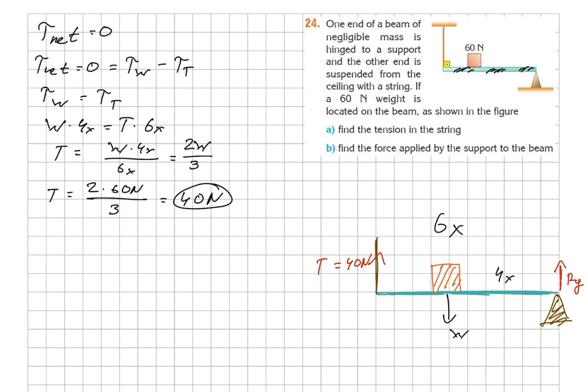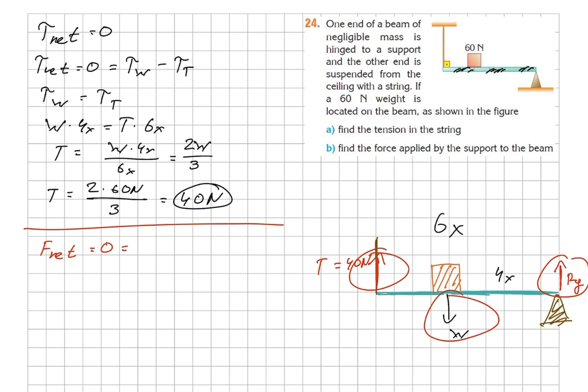Here, if you see, there are 3 forces in total: tension, Ry, the reaction force in Y, and the weight. The sum of them by the first condition of equilibrium must be equal to 0. So force net is equal to 0, which is equal to the sum of all of them, taking into account their directions.